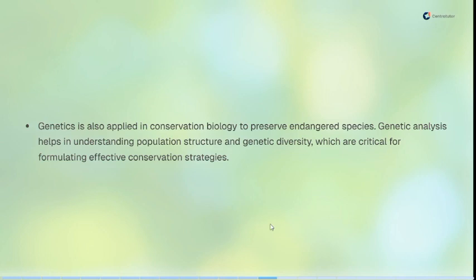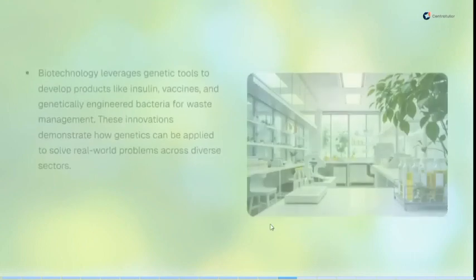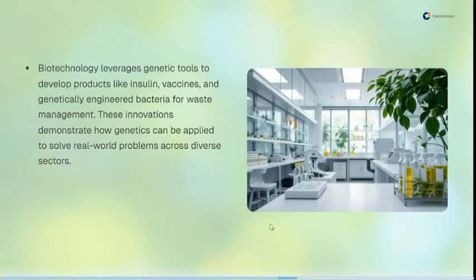So genetics is also used in organism conservation. Biotechnology leverages genetics through the development of products like insulin, vaccines, and genetically engineered bacteria for waste management. In some industries that produce harmful waste, they cannot release this waste directly into the environment, so they would use genetics to generate genetically engineered bacteria.